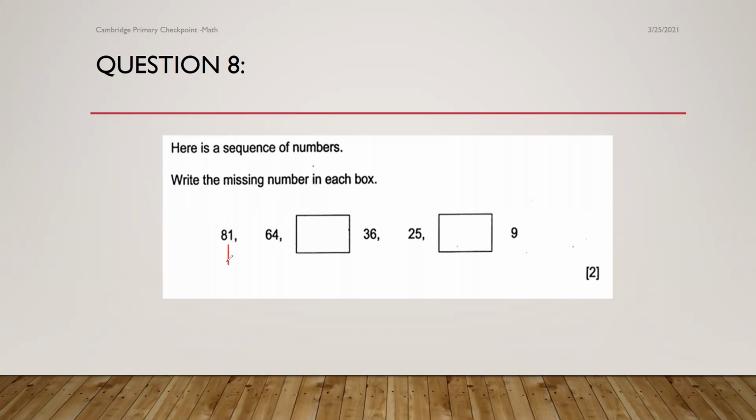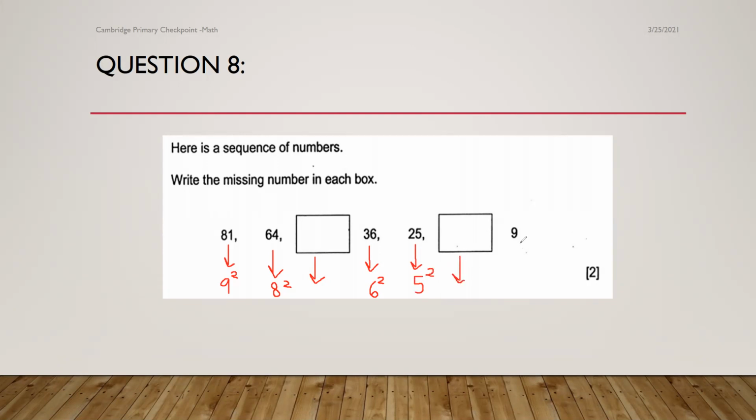What is this 81 means? 9 squared, 9 into 9, you're getting 81. What is 64 means? 8 squared, 8 into 8, right? We don't know our missing number. I'll just leave it. Then my next one, it's 6 squared. 6 into 6, you're getting 36. Then 25 means it's 5 squared. 5 into 5. Again, I'm leaving my missing number.